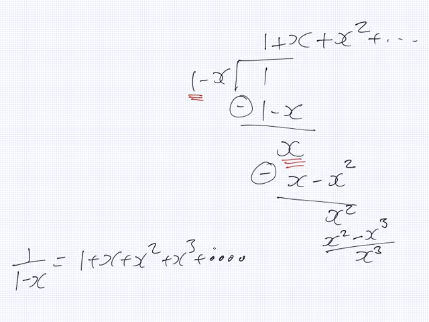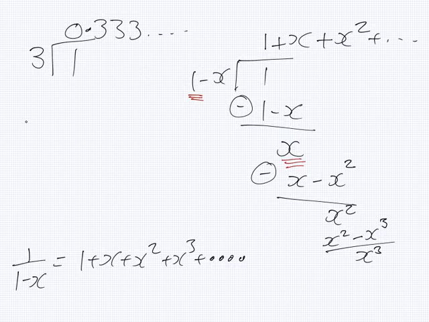Okay. Now, if you think about it, you have seen something like this in elementary school when you did problems like this. So you get 0 point and it continues, which is like saying the answer is 3 over 10 plus 3 over 100 plus 3 over... Can you see the comparison?